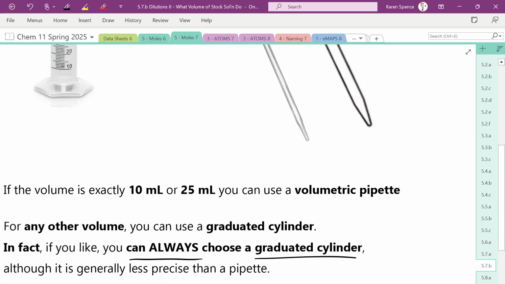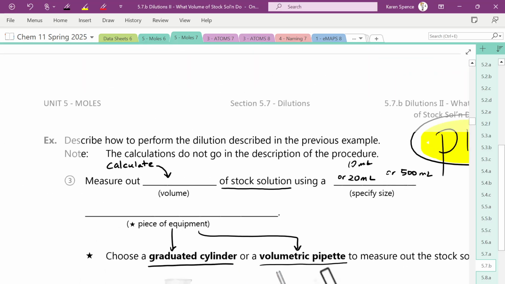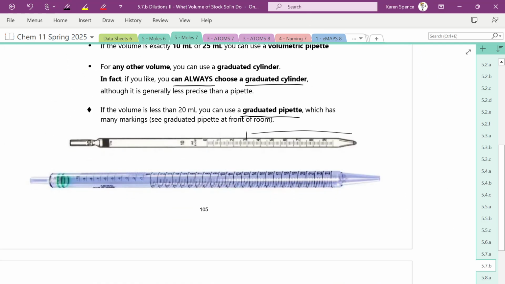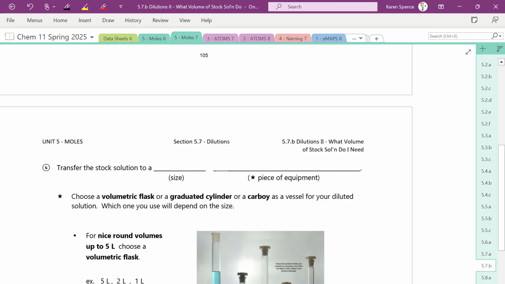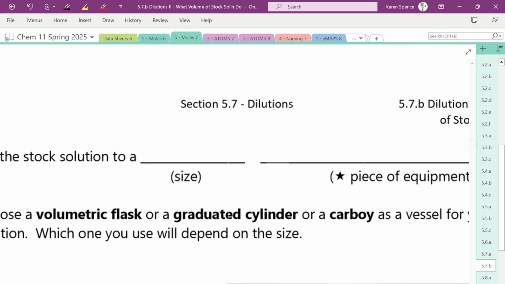So we have taken our stock solution, we have put it into this pipette, and now we are going to transfer the stock solution into, pick a size, 100 milliliter or 200 milliliter or 500 milliliter or whatever. Whatever size you need.